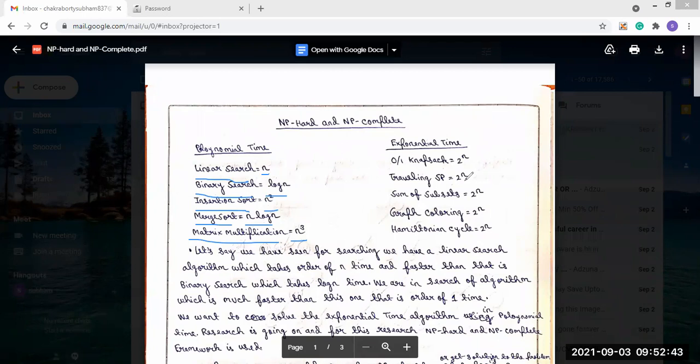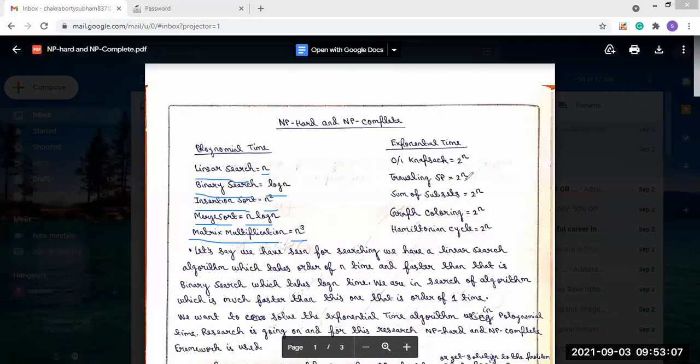This topic is based on research, and till now we haven't found the solution. The research is going on, and if you try it, it will be very helpful.